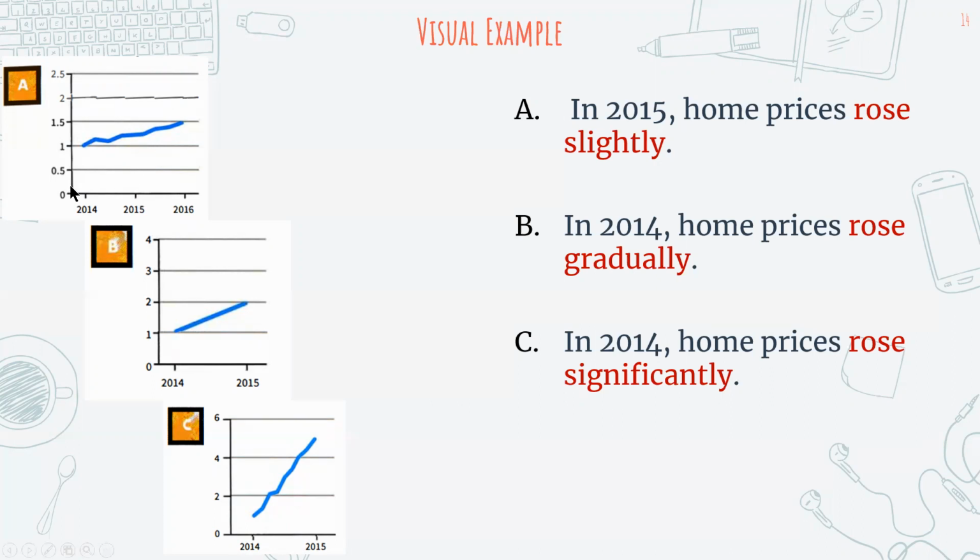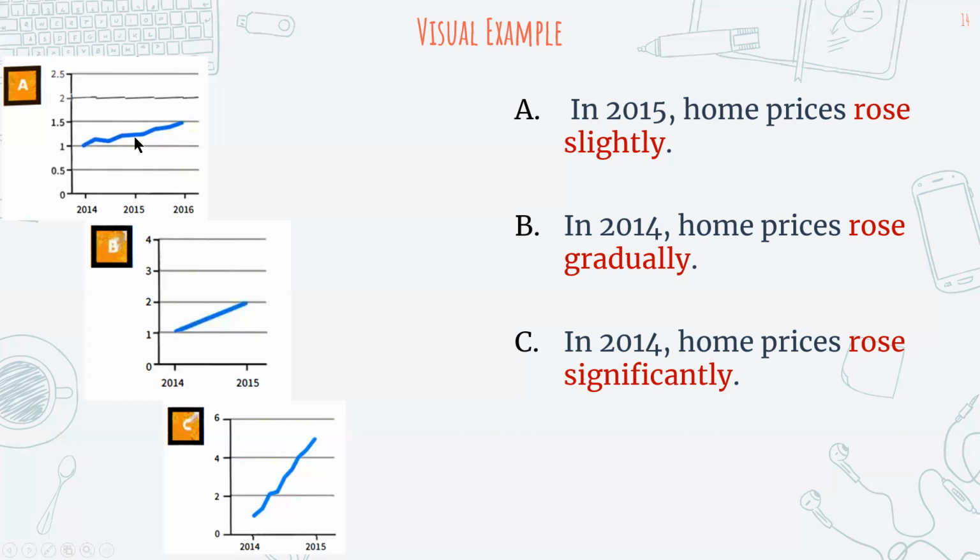Okay, let's suppose that the vertical line is in millions. So in 2014, maybe the average home price was £1 million. So in 2015, it was maybe a bit less than 1.5 million. I'm talking about the increase in this year from 2015 to 2016.